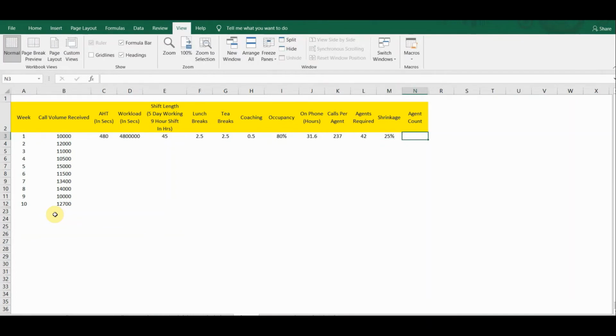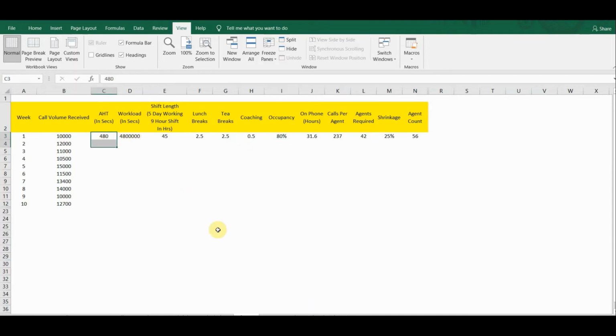So the total final FTE count including shrinkage and occupancy would be 42 divided by 1 minus 25%. So that is 56 agents we will require to cater to 10,000 calls, considering the internal shrinkage that we have, and 25% of external shrinkage that we have, also 80% occupancy.